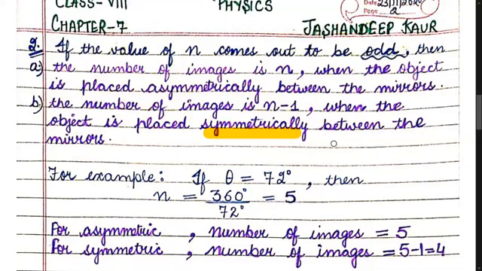So students, if the object is placed asymmetrically, then the number of images formed is n, while if the object is placed symmetrically, that is, it is placed at the angle bisector of the two mirrors, then the number of images formed will be given as n minus 1.